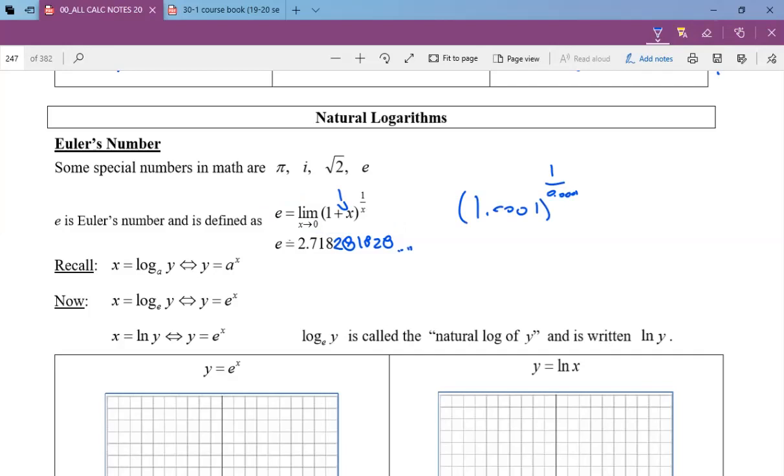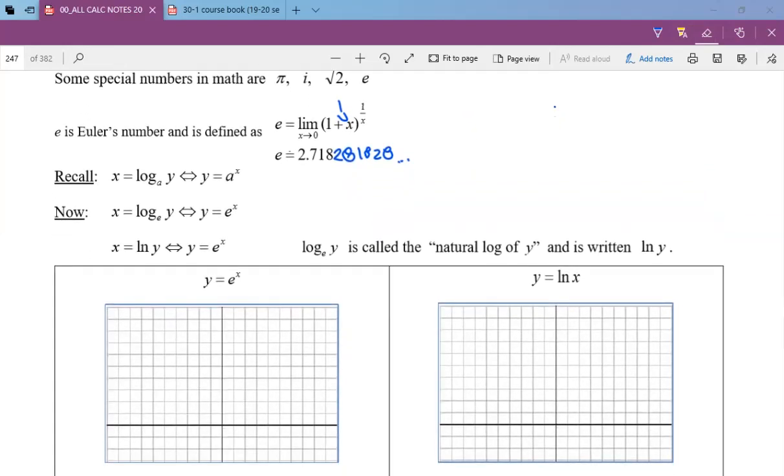So we have a number very, very close to 1 being raised to a very, very large exponent. And what does this become? As x gets close to 0, this starts to settle in. It comes closer to this special number called Euler's number, 2.71828. We will just refer to it as e. We hardly ever use the decimal expansion of it, but we will use e quite a lot in this course.